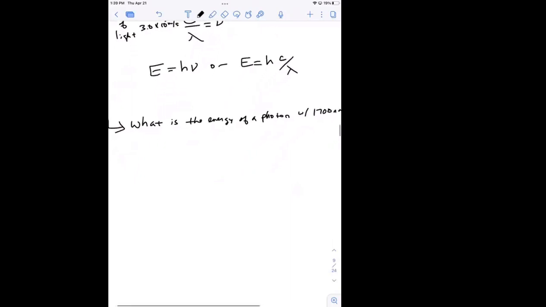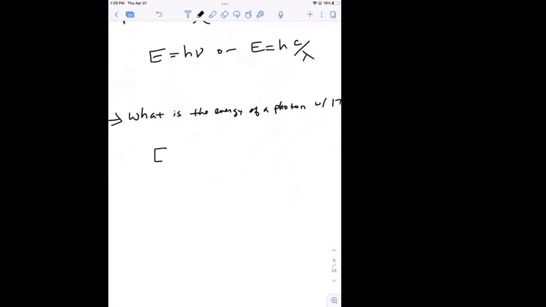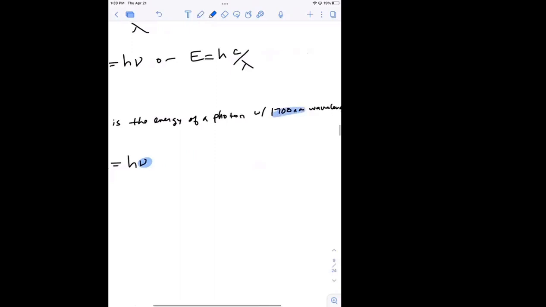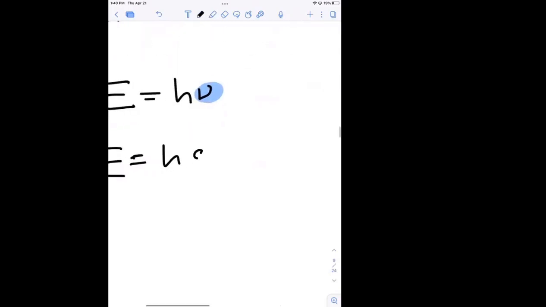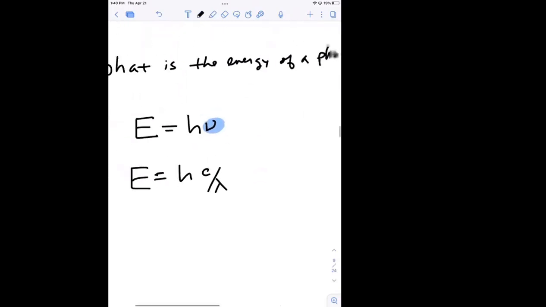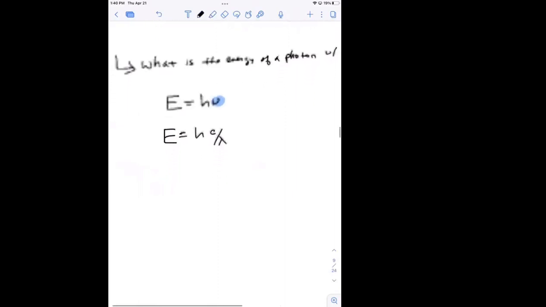The way we would do that is to take our equation, E equals h nu, but we don't know nu because we don't have it, but we do have a wavelength. So we're going to take that expression, h times c over lambda, and we're going to solve it.